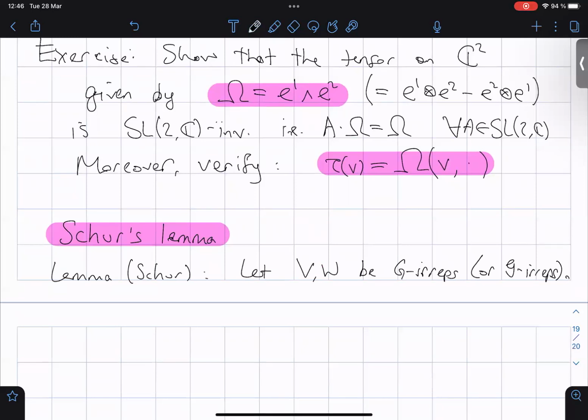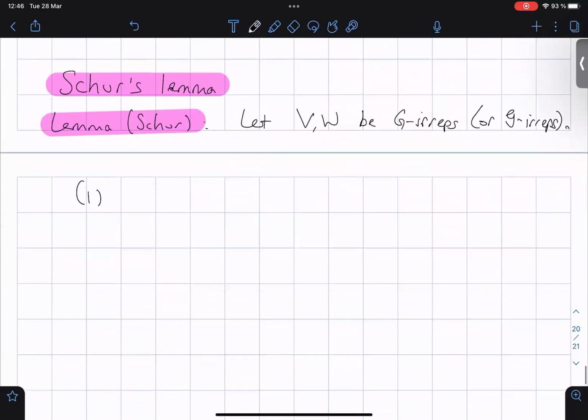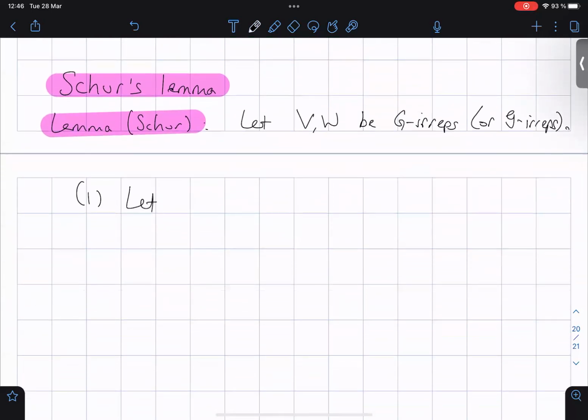So three statements here. The first statement is that let's suppose that we have an intertwiner between two G irreps.